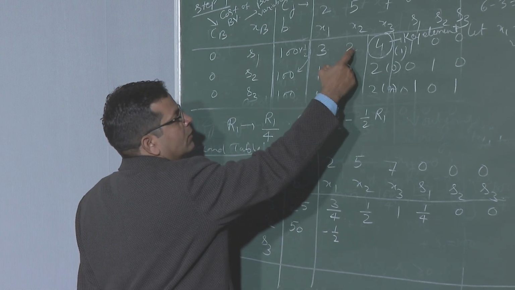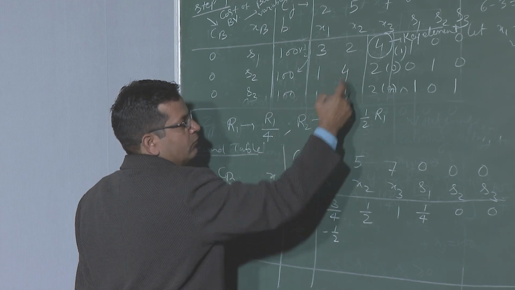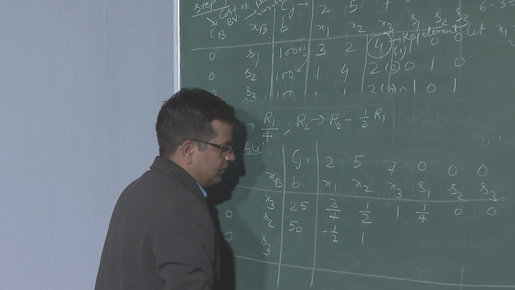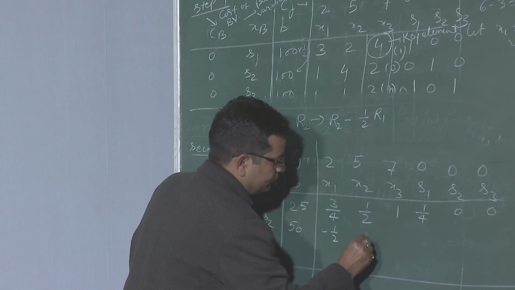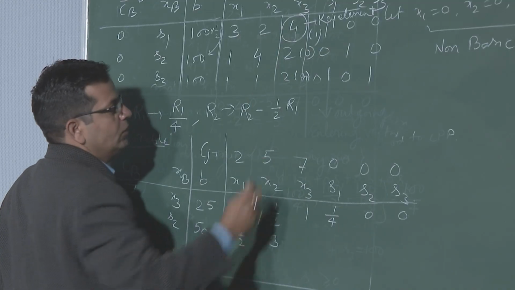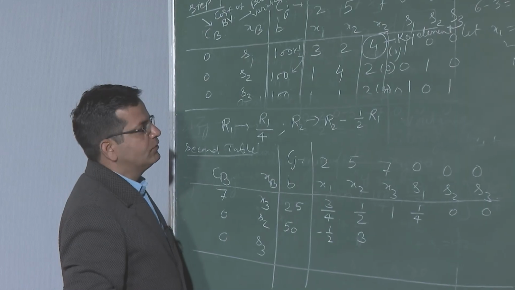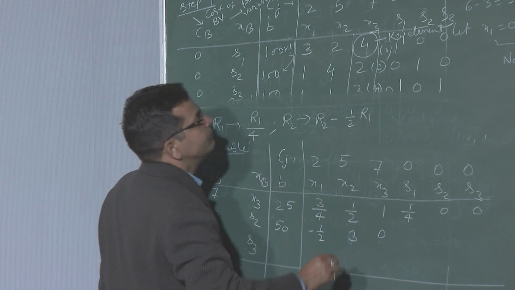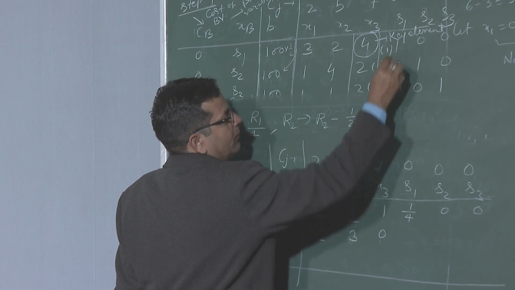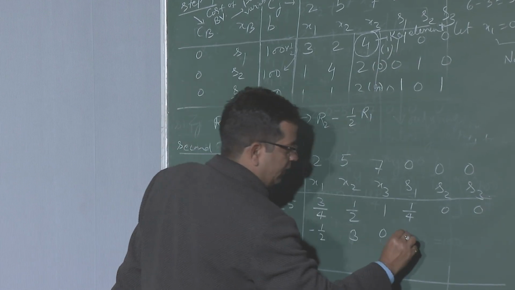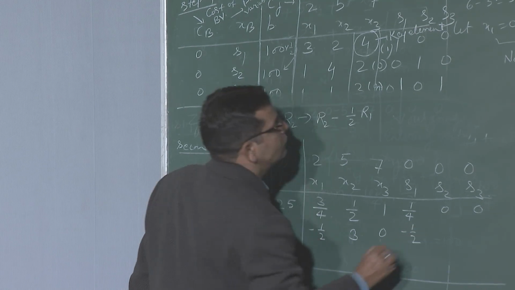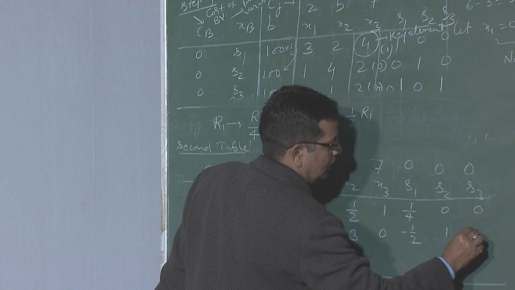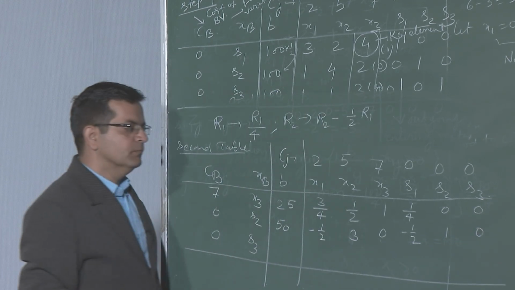Then 2 into 1 by 2 is 1, 4 minus 1 is 3, sorry, 4 into half is 2, 2 minus 2 becomes 0. Then 1 into 1 by 2, 0 minus 1 by 2 is minus 1 by 2, then 0 into half remains 0, and it will also be 0.